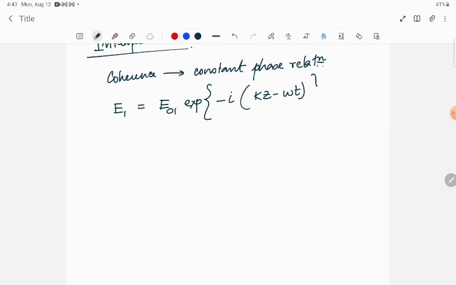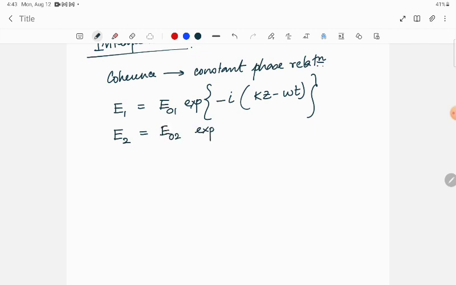It's a very simplified form where the beam is propagating along the z direction, k is the wave vector, and omega is the angular frequency. It's a polarized beam, and I have removed the vector signs. I'm talking only of the magnitude. You can put in the unit vectors to define the direction as well.